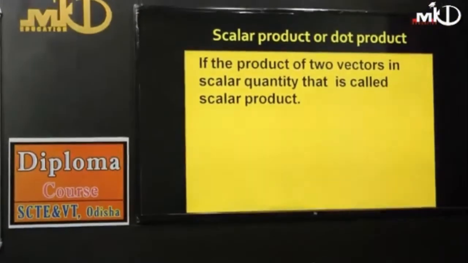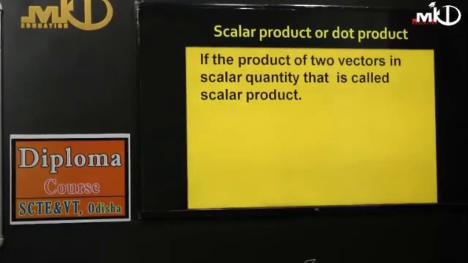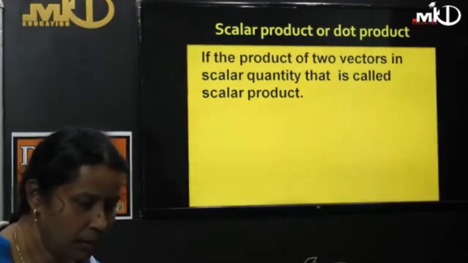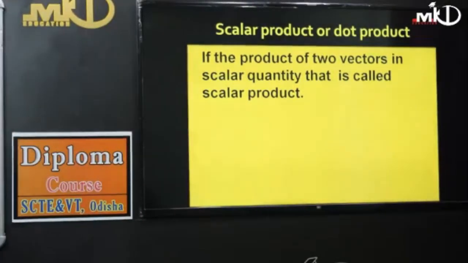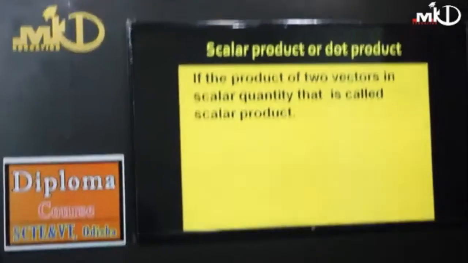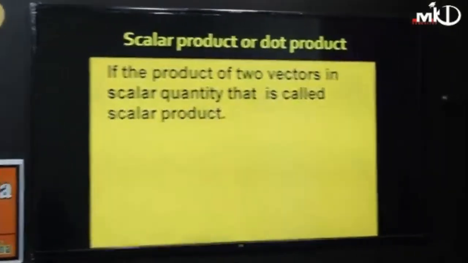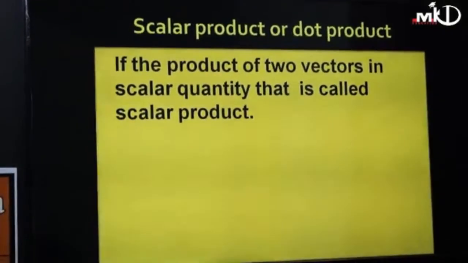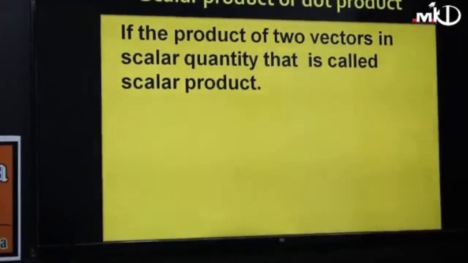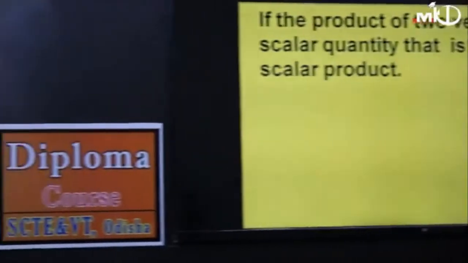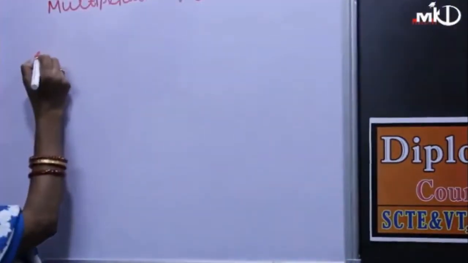The product of two vectors we find in two different ways, so the multiplication of two vectors can be done in two different ways.